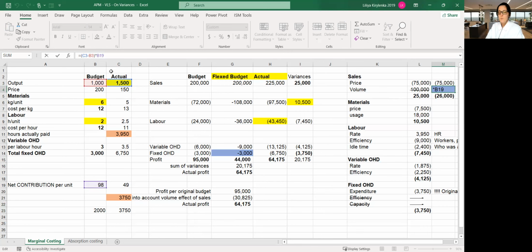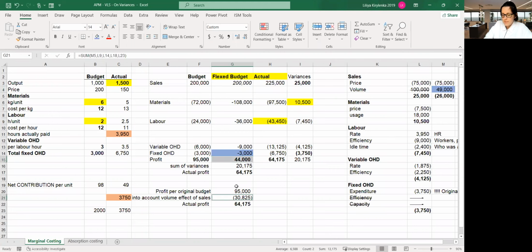But as we have marginal costing in here, we do not have fixed overhead absorbed, and as such, we will find out the value of volume variance based on net contribution and not net profit per unit. That's why that changed. And again, what else has changed? Profit has changed, and some of the variances have changed. So let me just highlight that with blue.